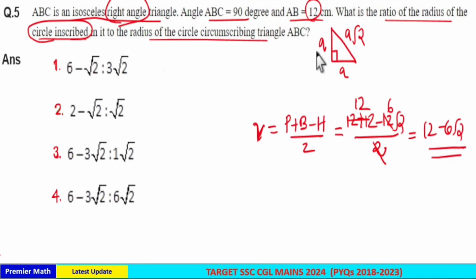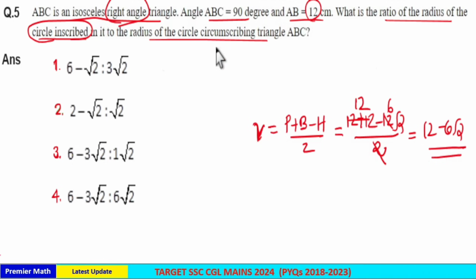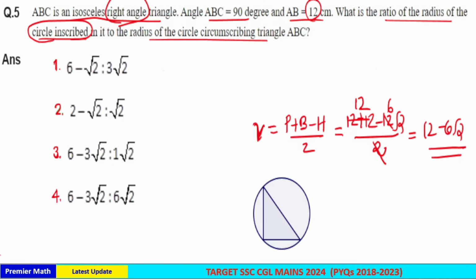Now here we need circumcircle radius. Here this is the circumcircle and one side is 12 and other side is 12. Then hypotenuse should be 12 root 2. Now you can see here this is chord AB.